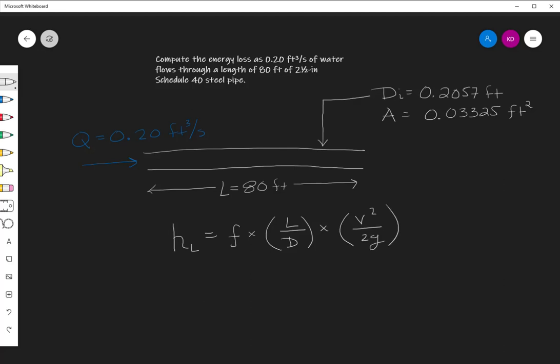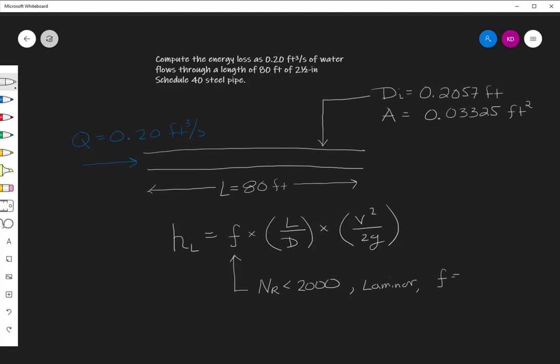So the only thing that's a little bit subtle about Darcy's equation is the friction factor. And the method that we use to determine the friction factor depends on the type of flow that we have in the pipe. If we find that the Reynolds number is less than 2000, that tells us that the flow is laminar. And if the flow is laminar, we have an algebraic expression for the friction factor.